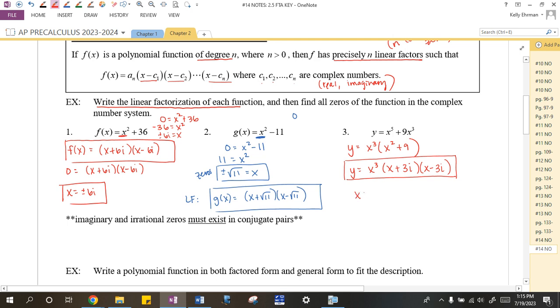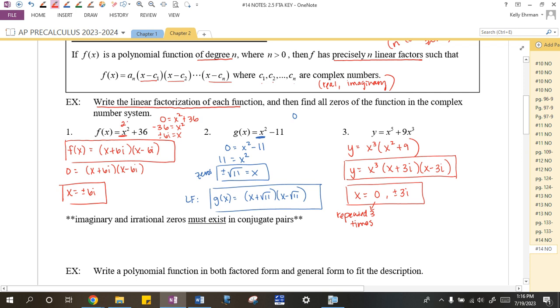And then what are the zeros? x equals 0 from the x to the third. Now this is a repeated zero. It's technically repeated 3 times. This is like x times x times x. So 3 of the zeros are 0. And then also plus or minus 3i. Because I should have been doing this all along.